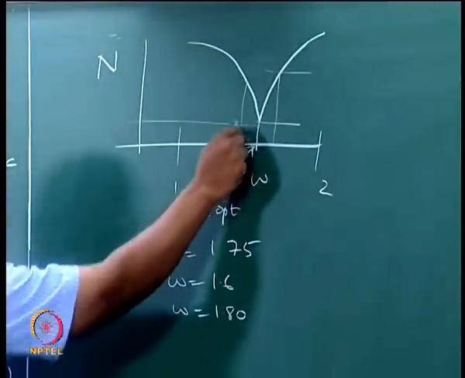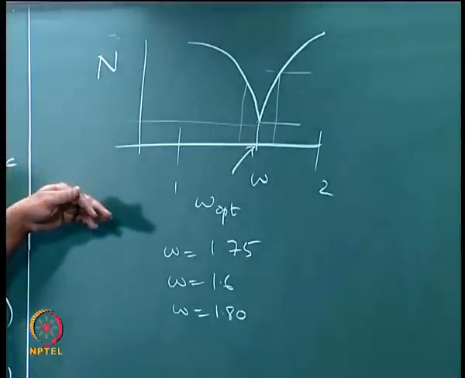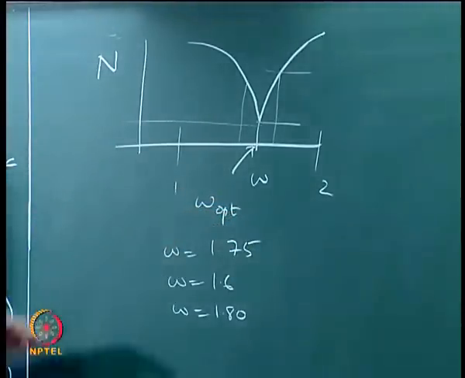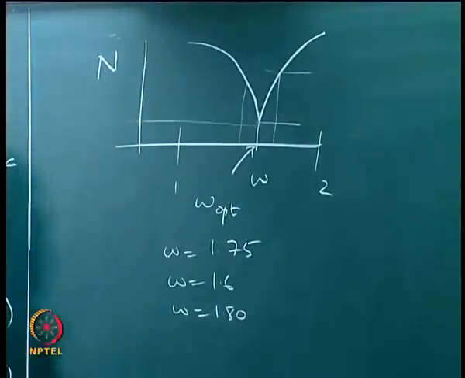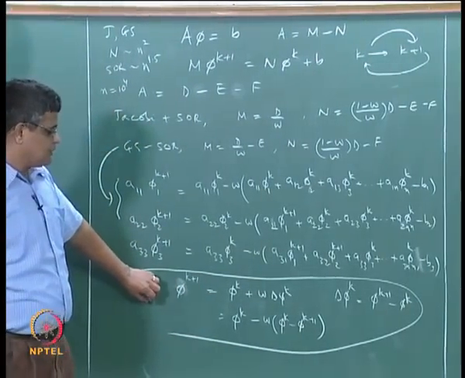So you could have a factor of 2 or a factor of 3 in terms of the speed of computation when you go to the optimal value as compared to something suboptimal. So this is something that we have to keep in mind when we are trying to implement the SOR method.